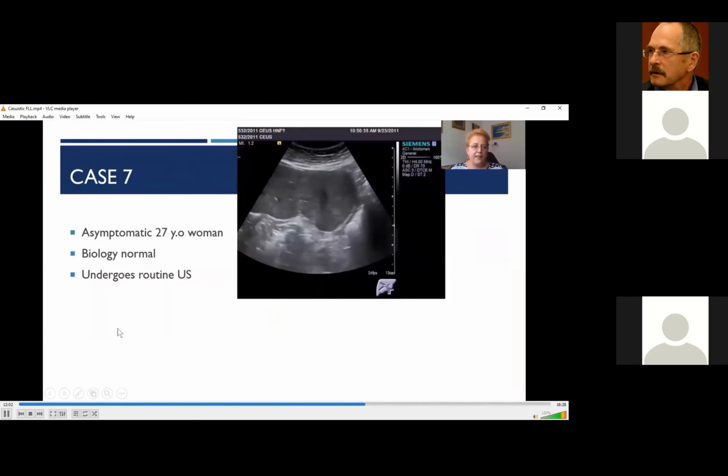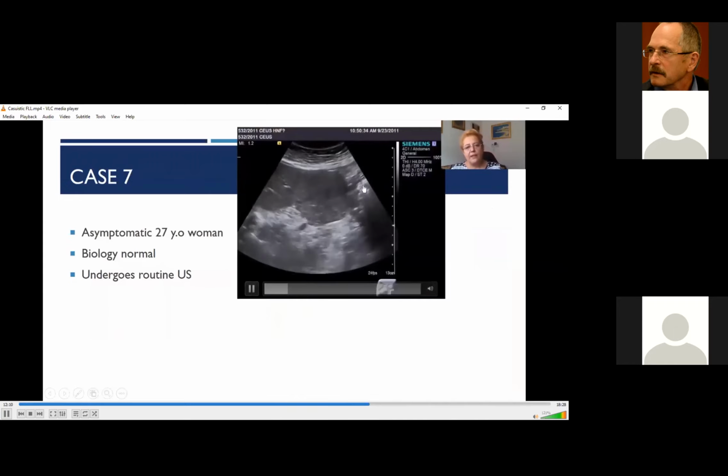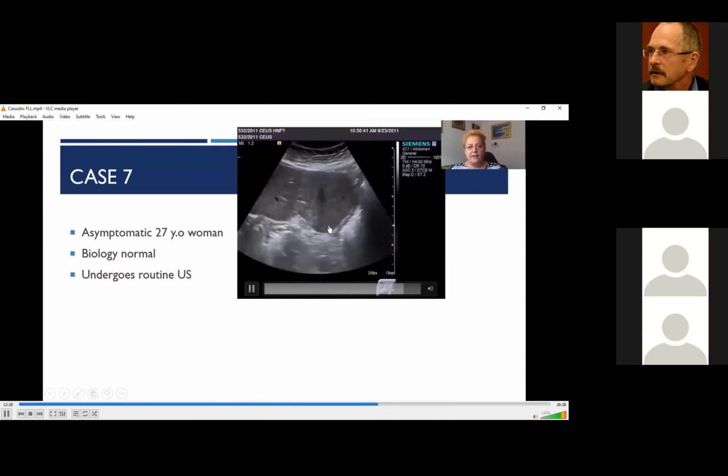The seventh case is an asymptomatic 27-year-old woman with normal biology who underwent a routine ultrasound examination. What we can see here on the margin of the left liver lobe is this isoechoic lesion that protrudes from the contour of the liver, and which also has in the center this hypoechoic, let's say, scar.